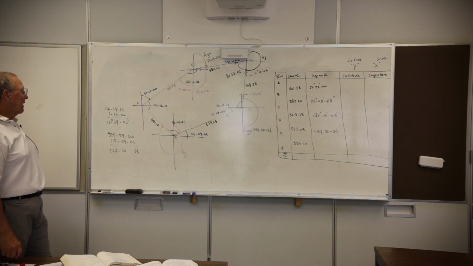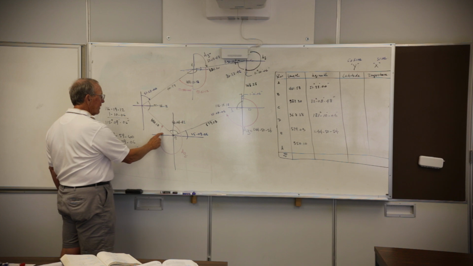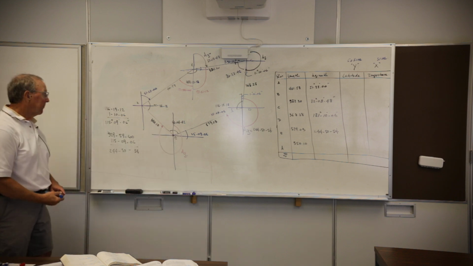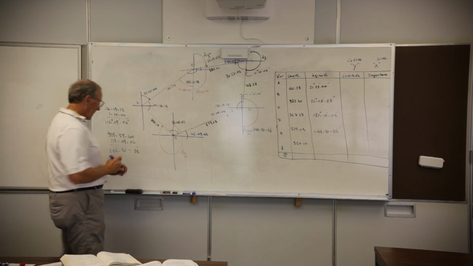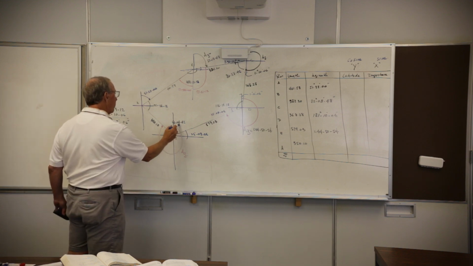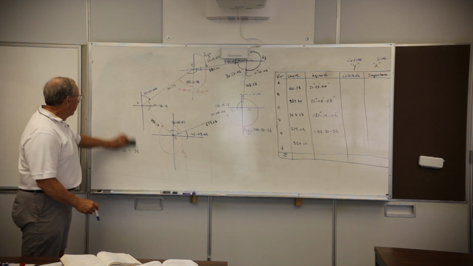It looks like if I get this little angle here and add it to 270, I've got what I need. Okay, how am I going to get that little angle there? It looks like this plus this plus this has to add up to 180. So let's do it.